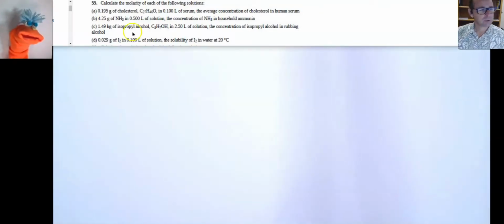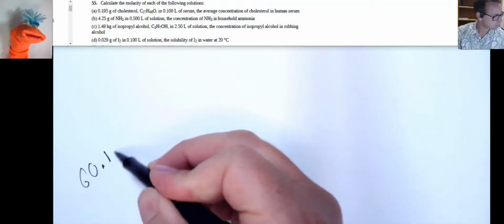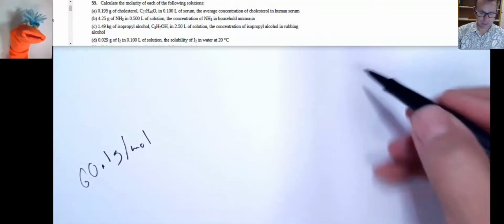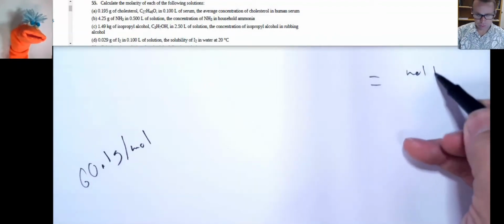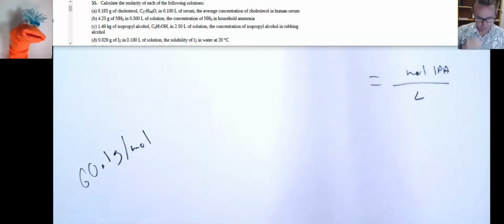Good. 1.49 kilograms of isopropyl alcohol. Molar mass of isopropyl alcohol. According to Wikipedia, isopropyl alcohol is a colorless, flammable organic compound with a strong alcoholic odor. 1.49 kilograms. I want to know the moles of isopropyl alcohol for every liter of solution.